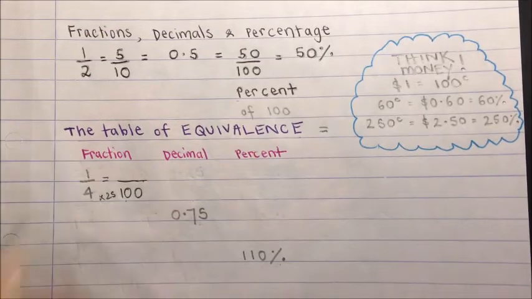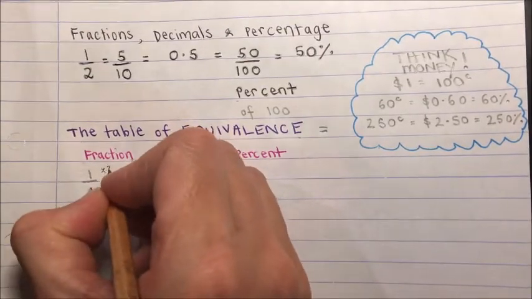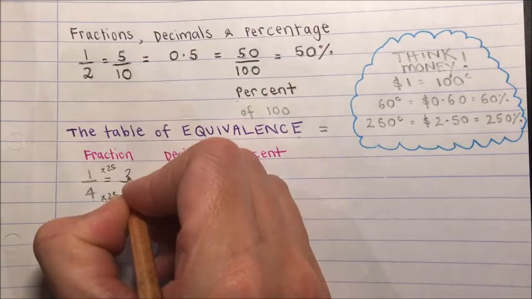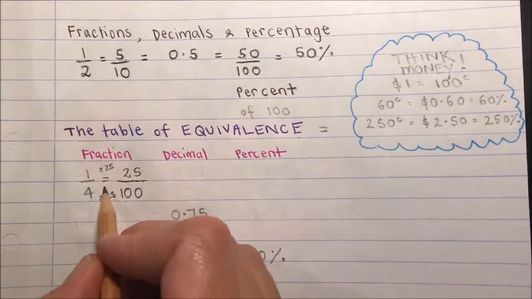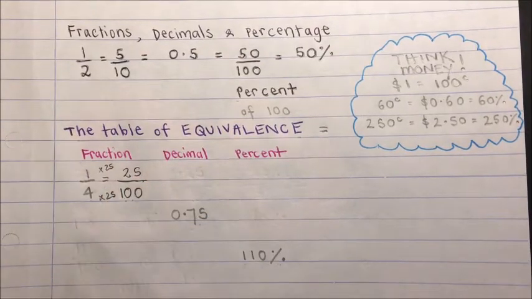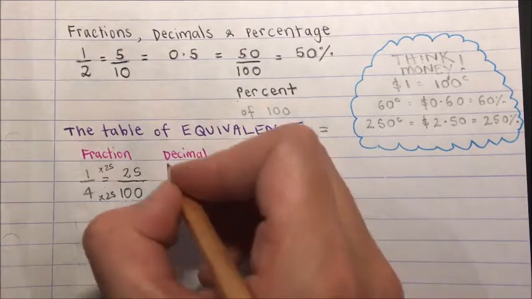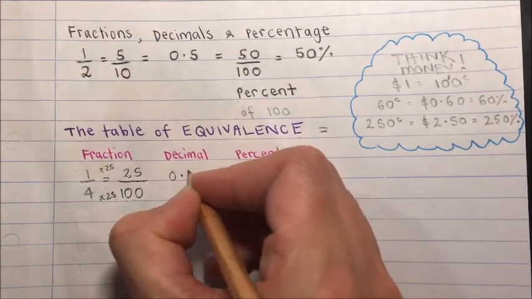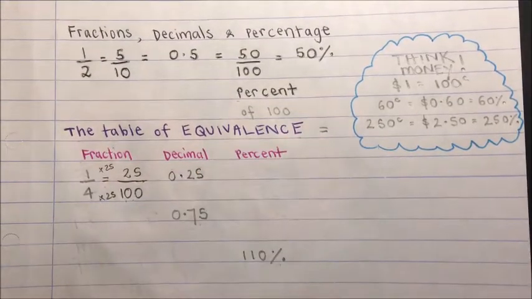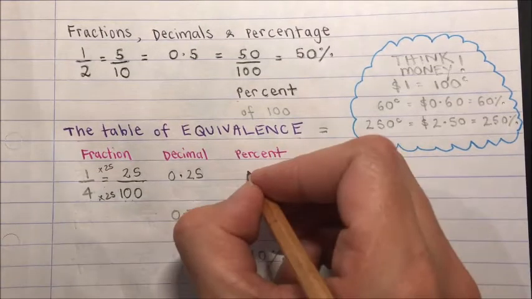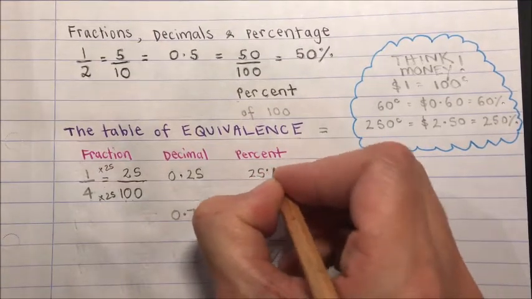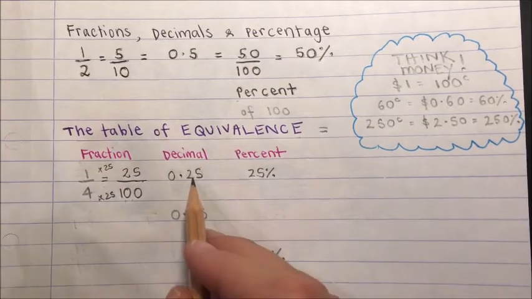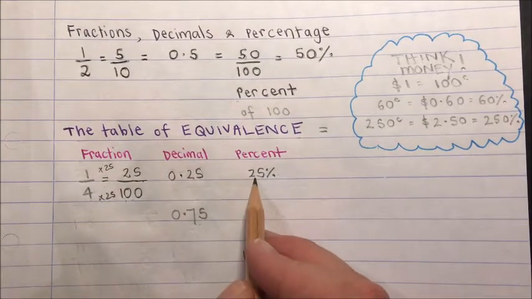So what I do to the bottom, I do to the top: 1 times 25. So 1 over 4 is equivalent to 25 over 100. That's mega easy to express as a decimal: 25 hundredths. And as a percent, 25%. Like I said, that's 25 cents, 25%.